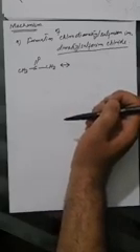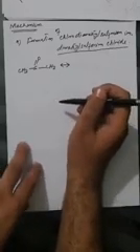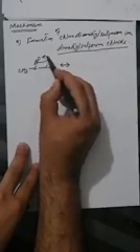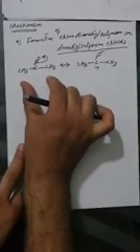This is dimethyl sulfoxide. It has one resonance contributor. And what is that? When this pi electron density moves over the oxygen, you will get this. This is the resonance contributor of dimethyl sulfoxide.